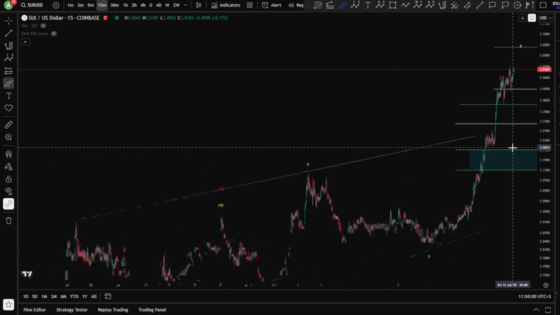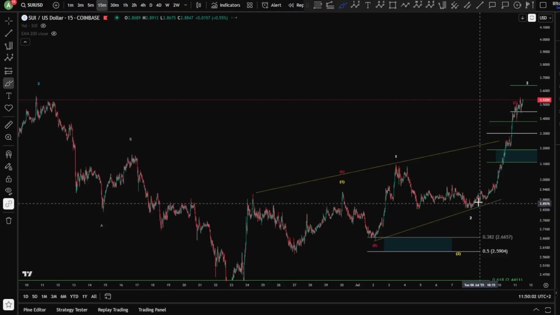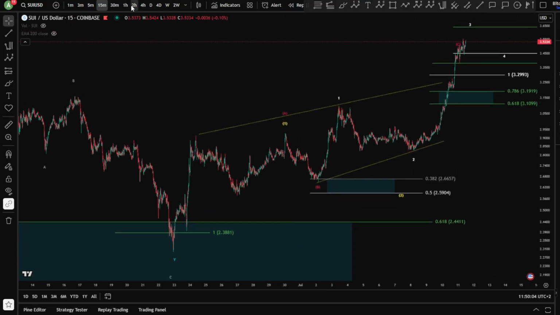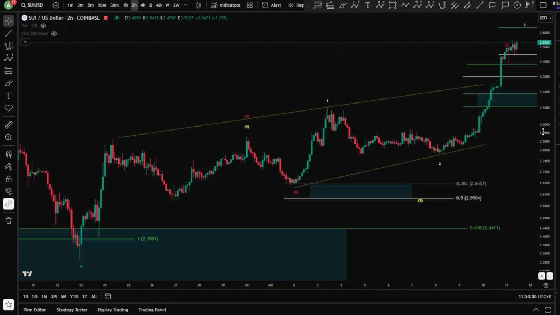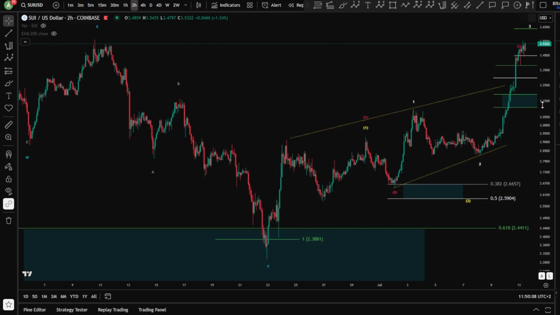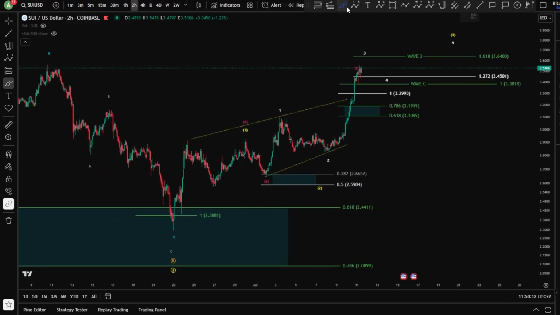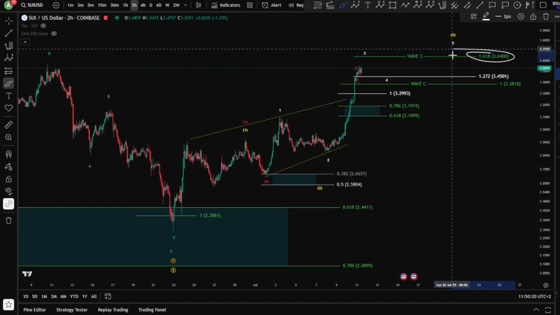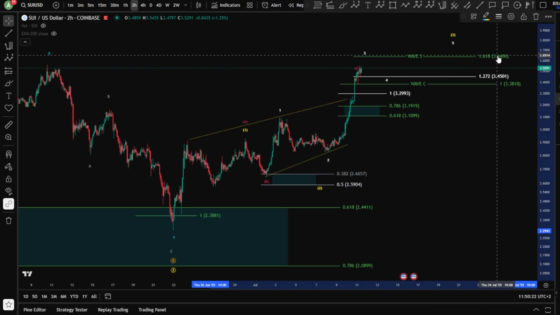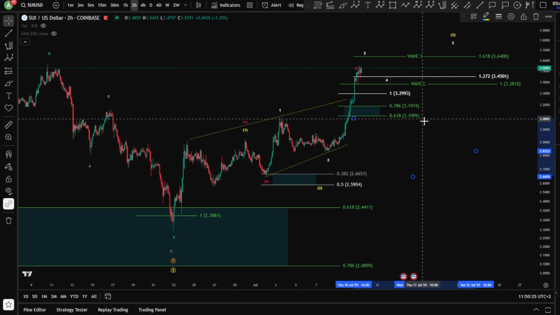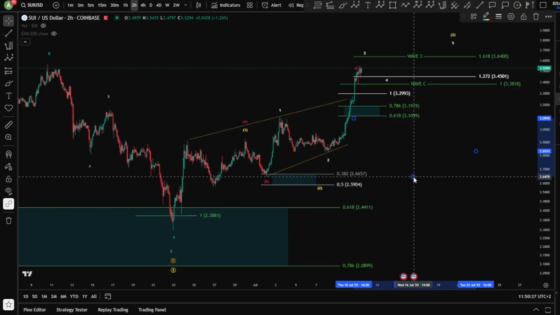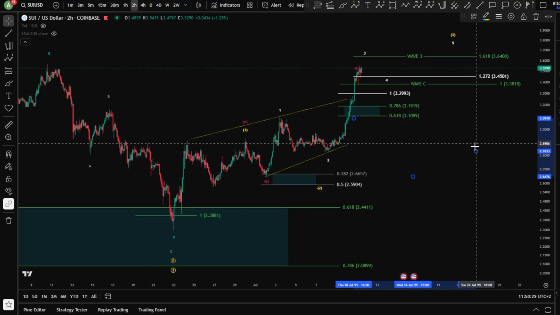I will make it easier for you guys on the 1 hour or 2 hours chart to see it much better. So basically, I would like to mention that we have broken the level for a wave C. The 1-to-1 fib level for an ABC has been overshot, giving higher potential for the next target, 3.664, which is the wave 3 here that you would like to see toward the upside.